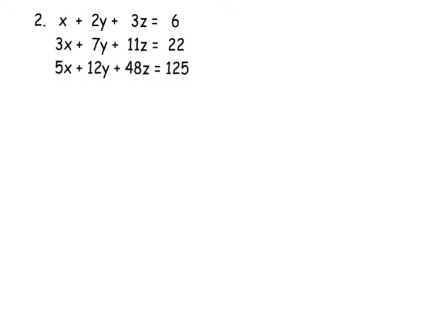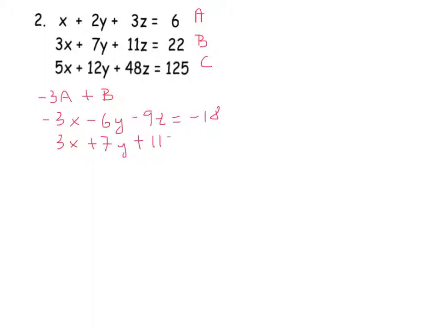So the first thing I start out with is labeling my equations A, B, and C. So I'm going to multiply A by -3, and I'm going to add it to B. So -3x minus 6y minus 9z will equal -18, and 3x plus 7y plus 11z will equal 22.